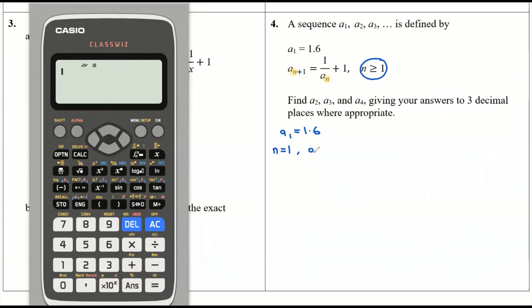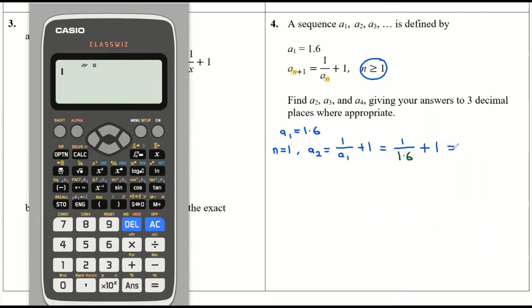So A2 is going to equal 1 over A1 plus 1. Okay, so that means it's going to be 1 over A1, which is, of course, 1.6. And then we're going to add 1 to that. All right, that's going to generate an answer.